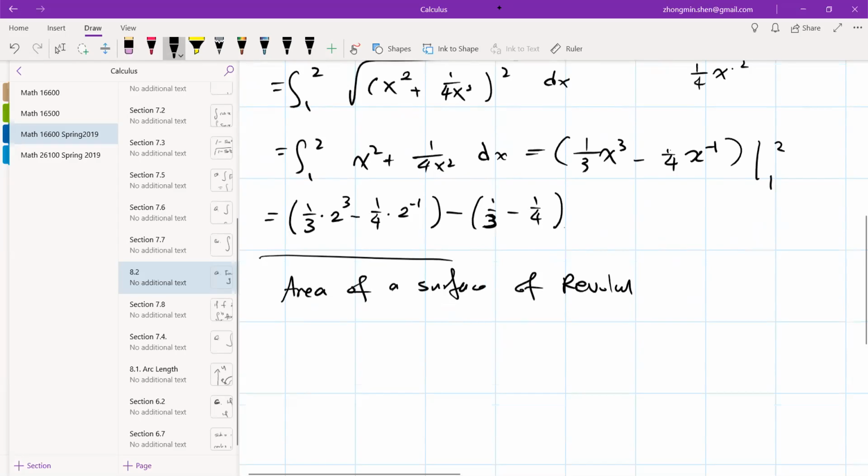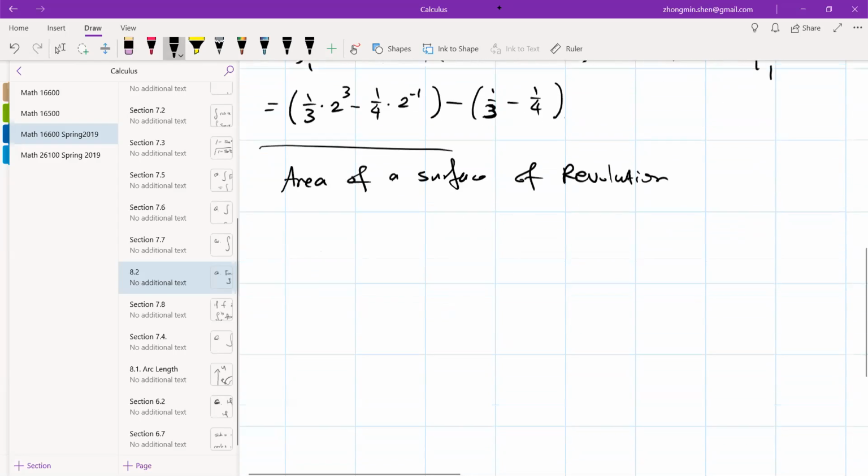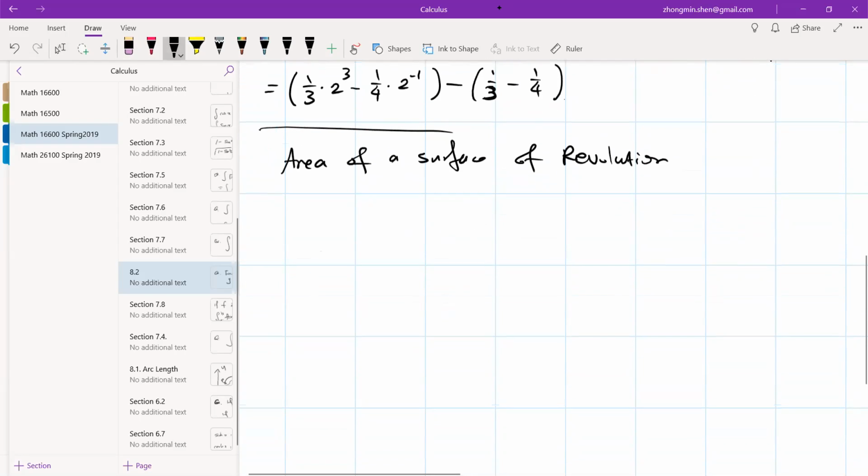The simplest one is a portion of a cone, so let's look at the simplest one first. This is a cone, and I only consider this portion of the cone. What is the formula for the surface area of that part?